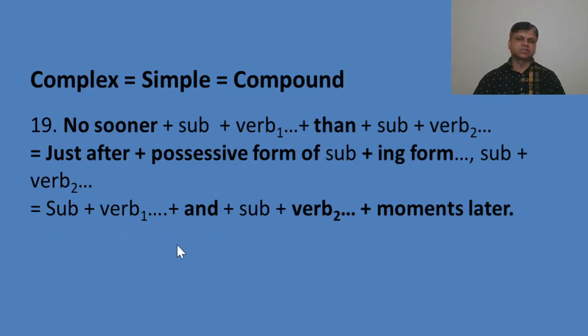Then use a coordinating conjunction, and then subject, verb 2 and the rest of the sentence. At the end of the sentence you have to add moments later, to fulfill the meaning of the sentence.